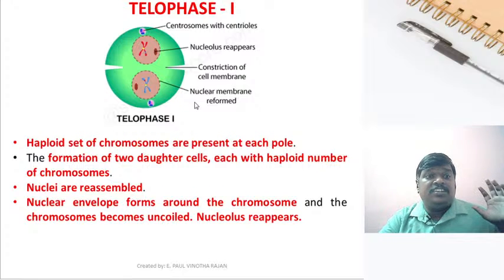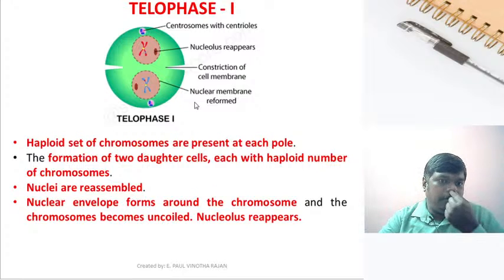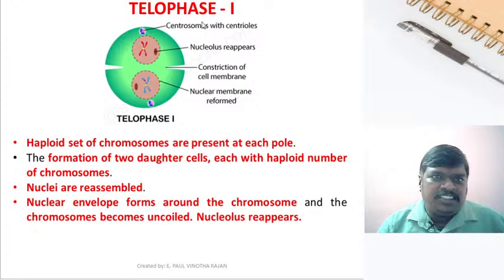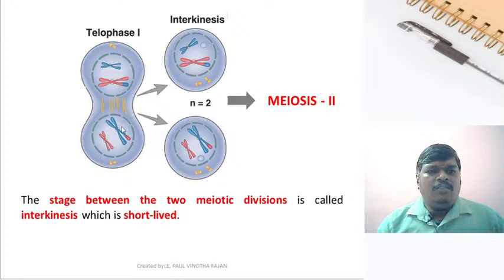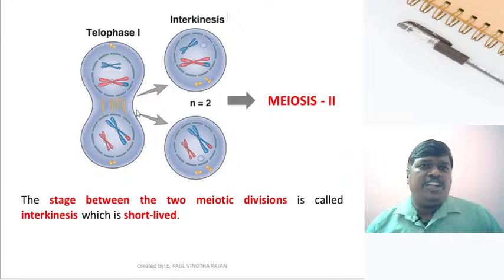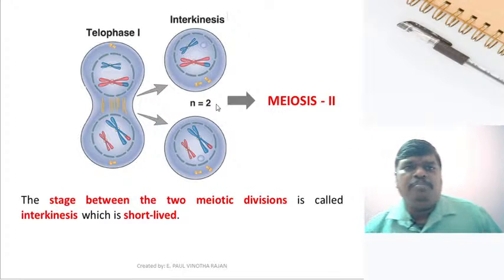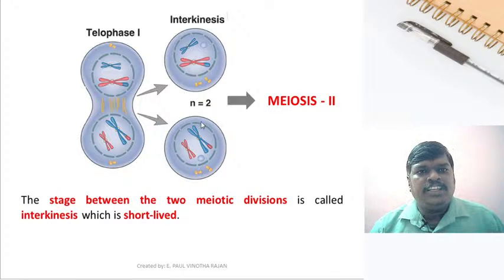Spindle fibers disappear. So everything will be formed. So this is what is happening during telophase 1. At the end of telophase, the cell division takes place and they form two daughter cells. These two daughter cells are still in the diploid condition.